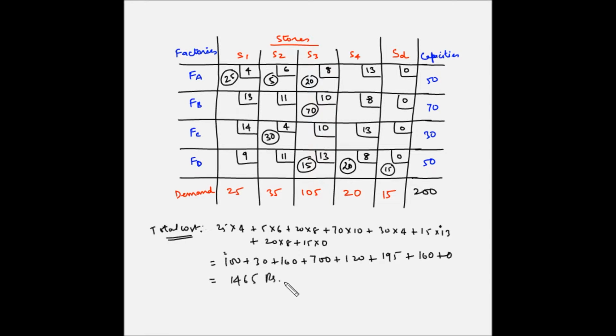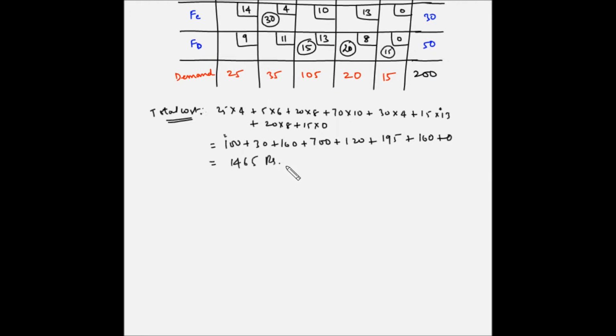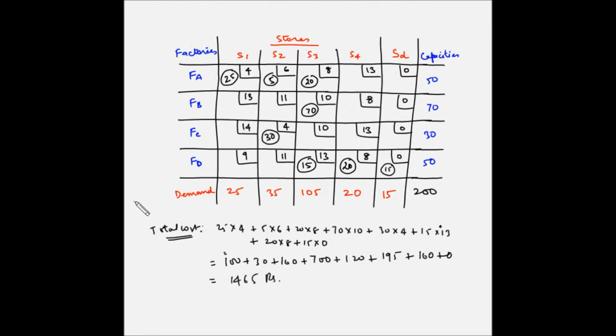Now just to remind, the basic initial feasible solution had a total cost of transportation of 1510 rupees. So the original one was 1510 rupees. So definitely we have improved the total cost of transportation.